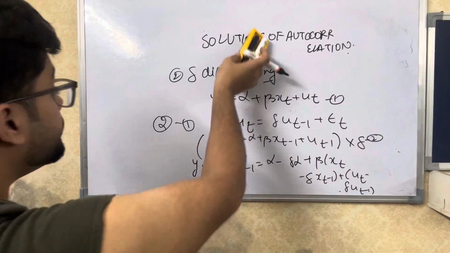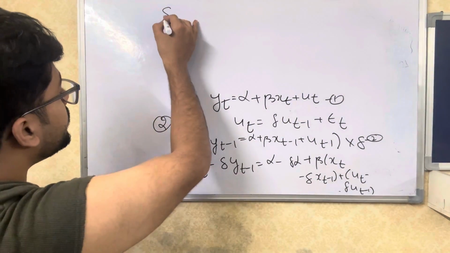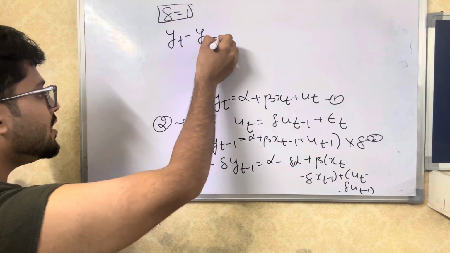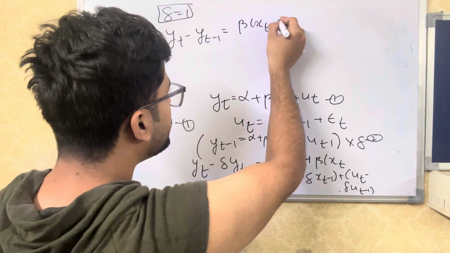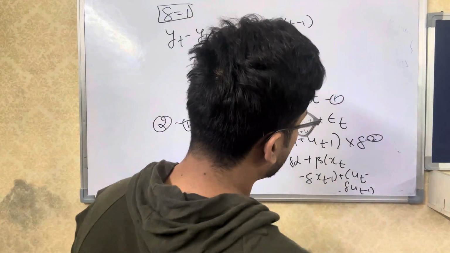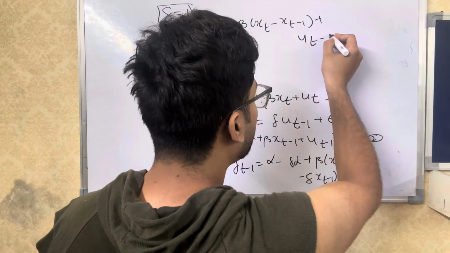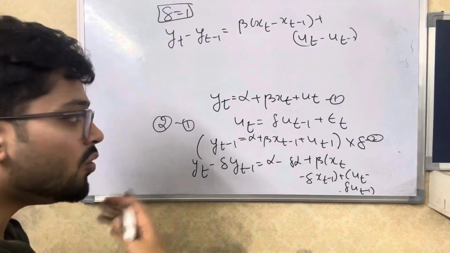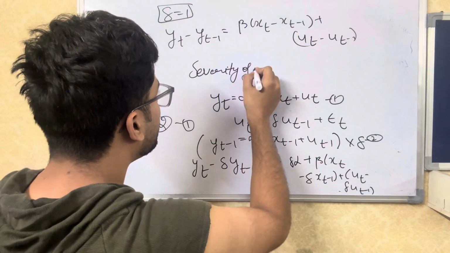Now let's say you put rho equal to 1 here. You will get yt minus yt minus 1 equal to beta xt minus xt minus 1 plus mu t minus mu t minus 1. Now this has reduced the severity of autocorrelation.